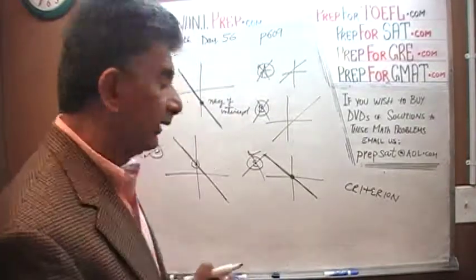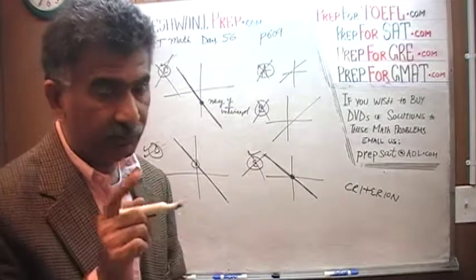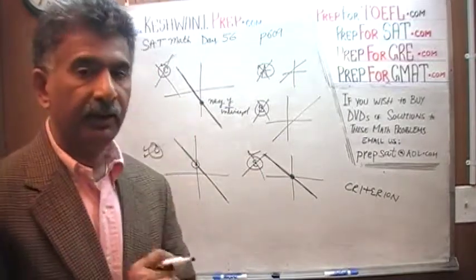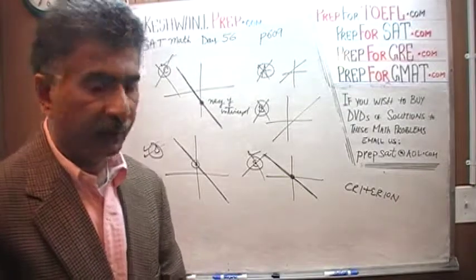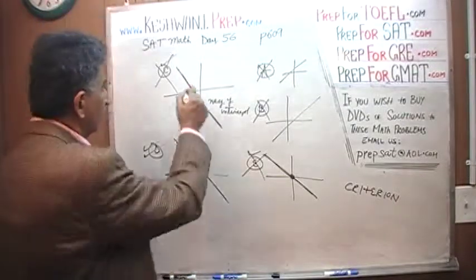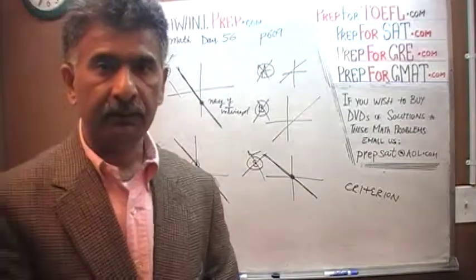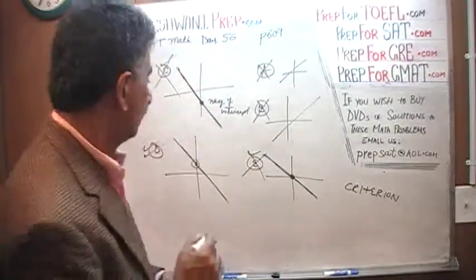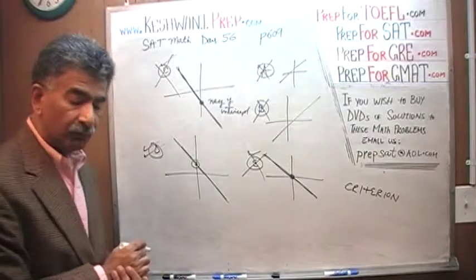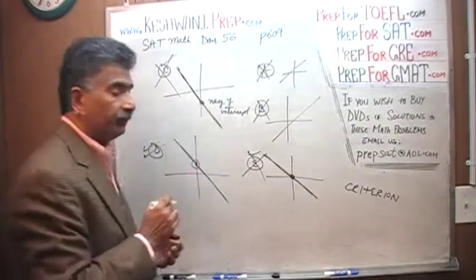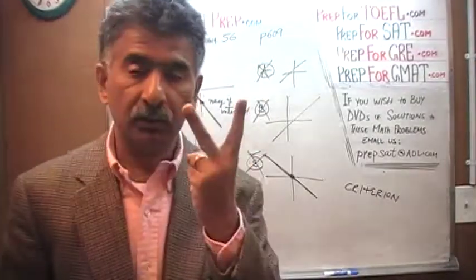The first criterion here is that it has to be a negatively sloped line. The second criterion is that it also has to have a negative y-intercept. So there are two criteria.